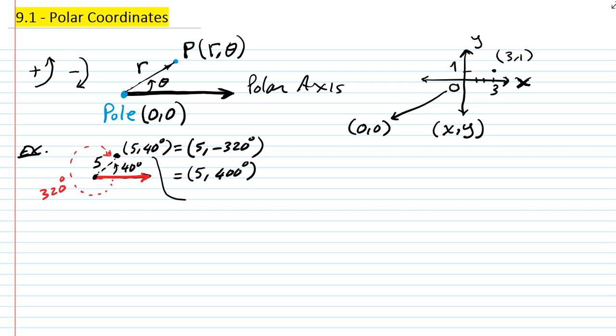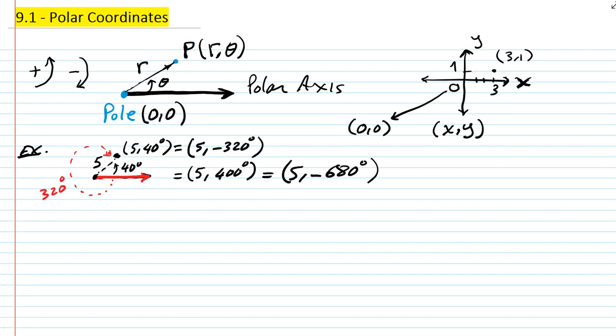And there you go. That's also a representation of the point. If you go in a negative direction, negative 320, add another negative 360. So that's going to be negative 680 degrees. And there you go. You have another representation: 5 and negative 680 degrees. So you kind of see here what's going on with this.